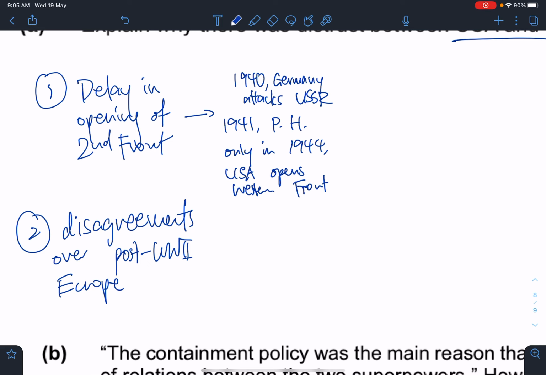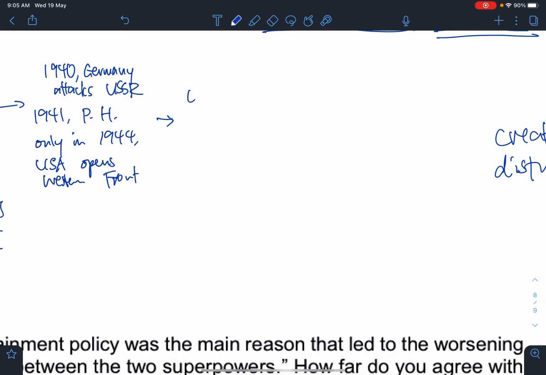The important thing here is to say that USSR perceives the delay as intentional. Let me caution you against writing that the USA purposely delayed it by 2 years, 3 years. No, they didn't. It is impossible to go from a non-war footing to a war footing in the course of 6 months. So the important thing here is about the perception of the USSR.